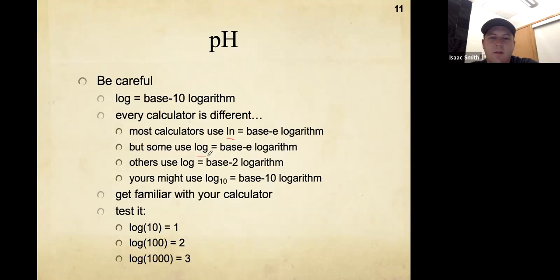I think on most calculators, it's going to be log. The way you can test it right now is grab the calculator you're going to use for the exam and put in log of 10, and it should equal 1. Log of 100 should equal 2, and log of 1,000 should equal 3. As long as you're getting those, just remember what button you're pressing to get those, and that's the one you're going to want to use when you do these calculations.